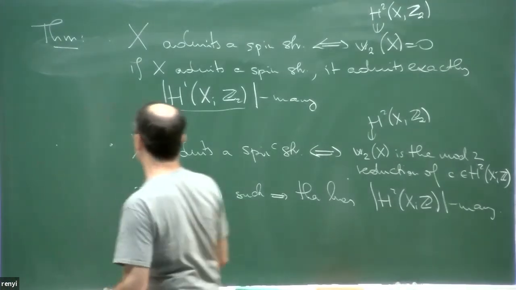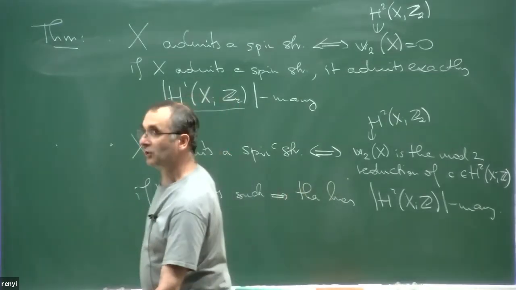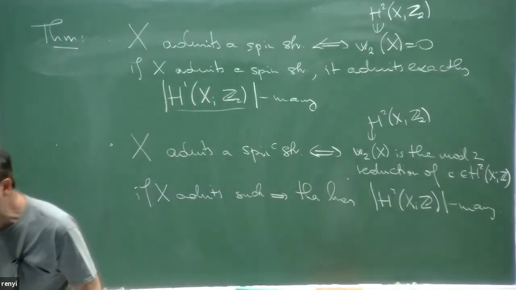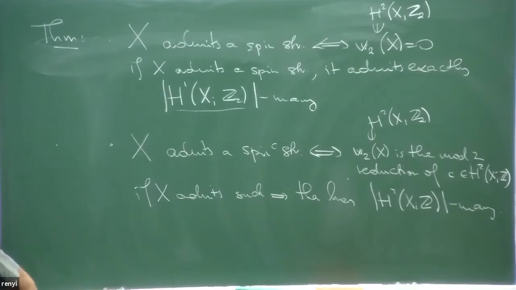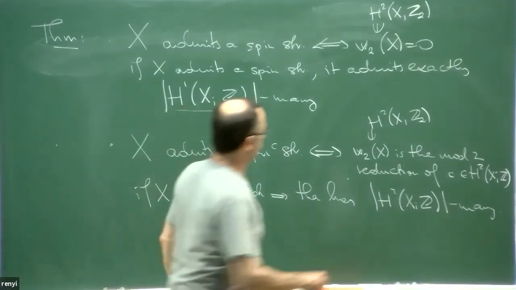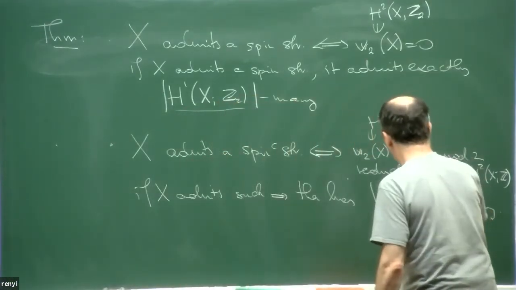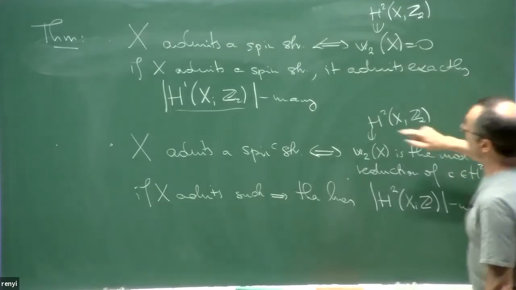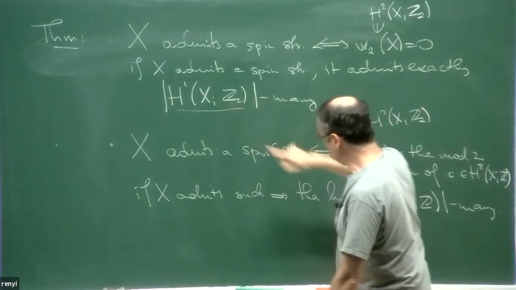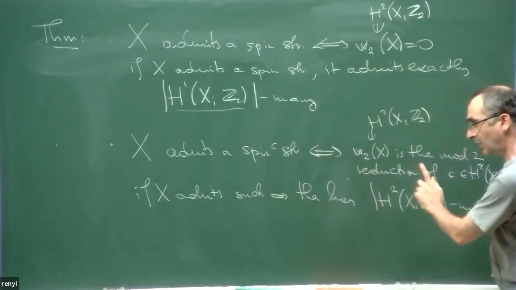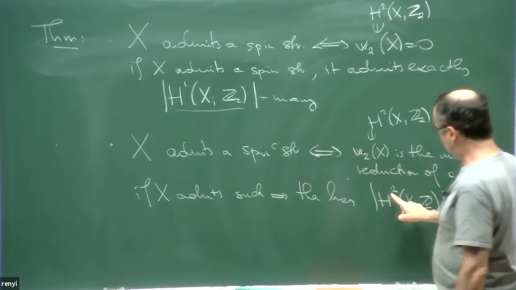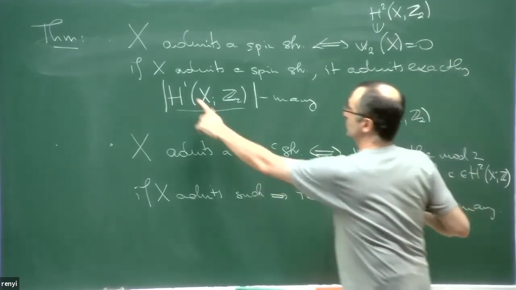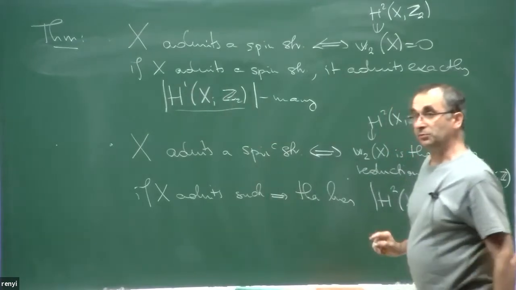Okay, so this is again a general statement, works in every dimension. I saw a question. What was the question? So this is H2. Right? So this parameterizes real line bundles, and this parameterizes complex line bundles. So we upgrade the dimension and we change the coefficient group at the same time.